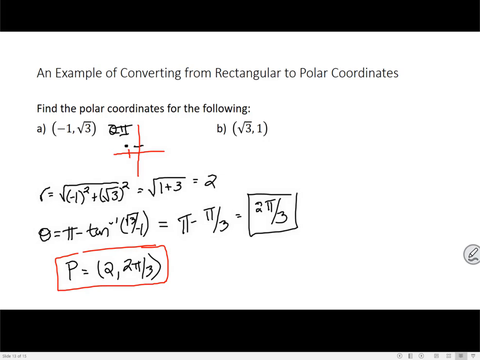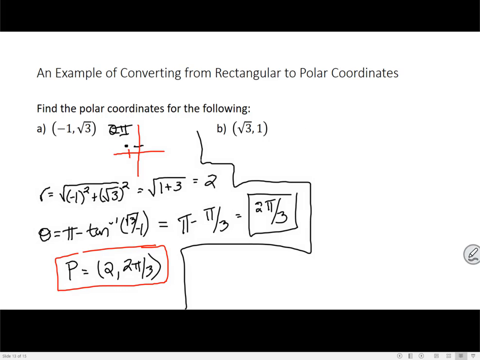So now let's try the next example here. Let me make a delineation. So now I want to try B, where my first x-coordinate is square root of 3 and my y-coordinate is 1. So the first step is to plot my point.